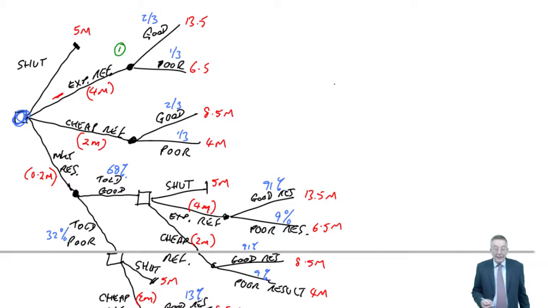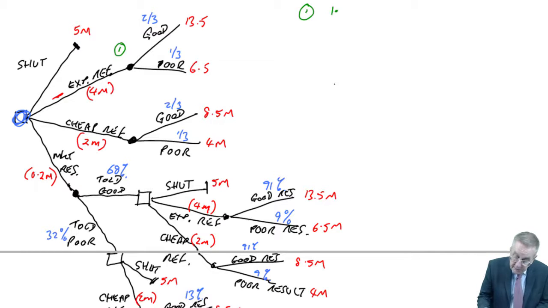So at point 1, remember, we've paid out 4 million. But what will we get? I'll show my workings. We'll either get 13.5 million or we'll get 6.5 million. We know the probabilities: a 2/3 probability of getting 13.5, a third probability of getting 6.5.